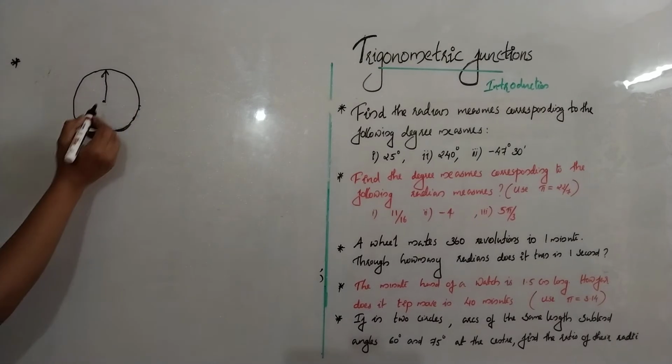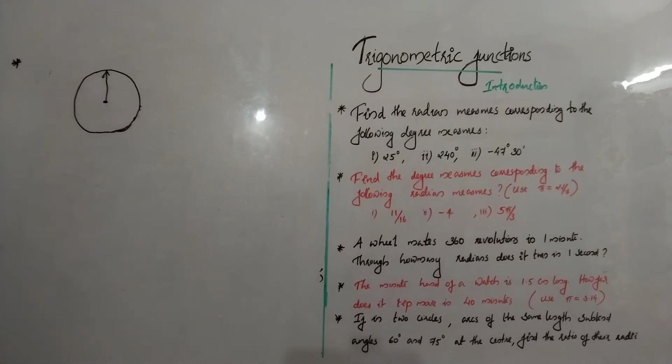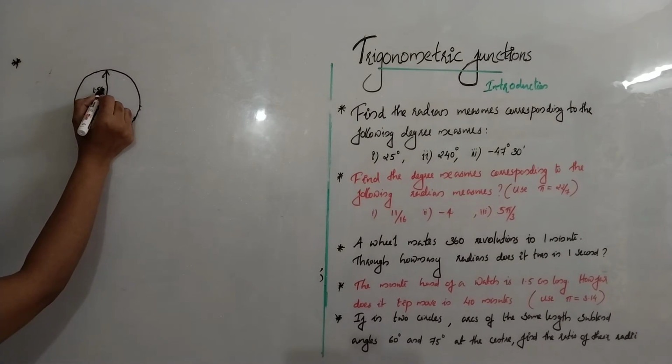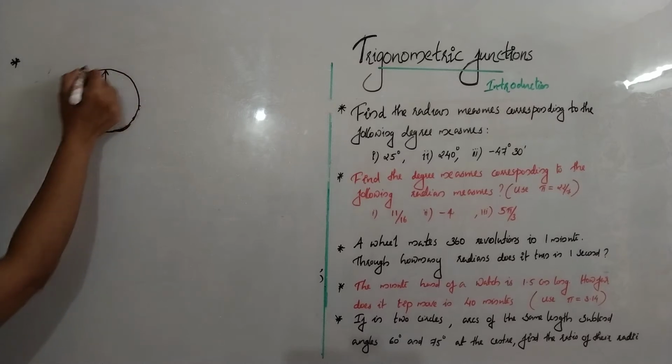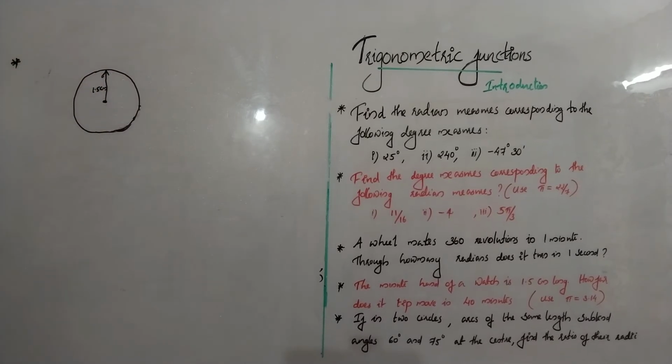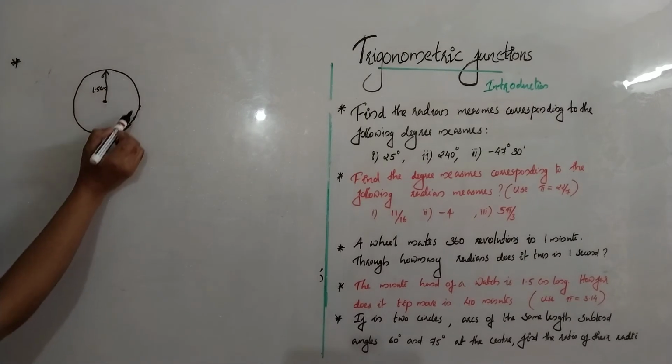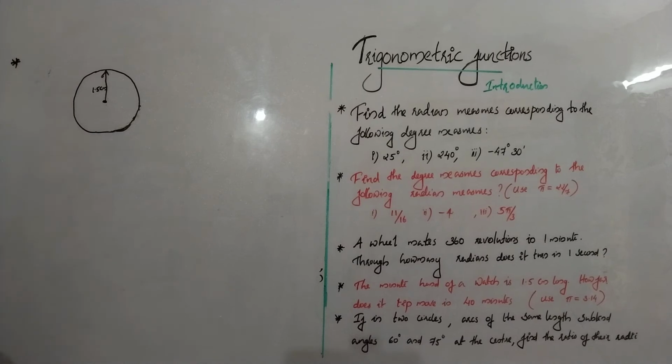This is the initial position, and in this question it is given that the minute hand of a watch is 1.5 centimeter long. That is, 1.5 centimeter is the radius of the circle. Then we have to find how far does its tip move in 40 minutes.